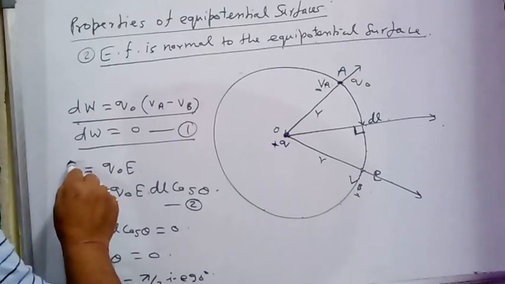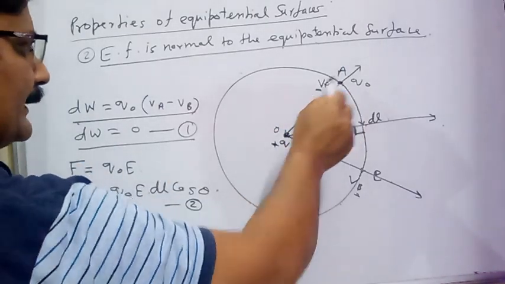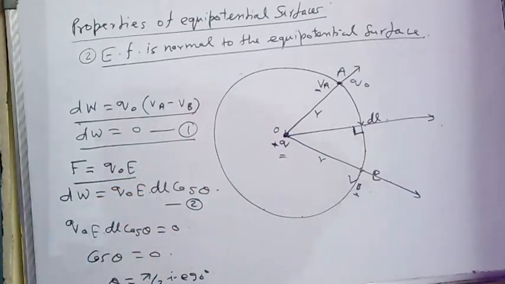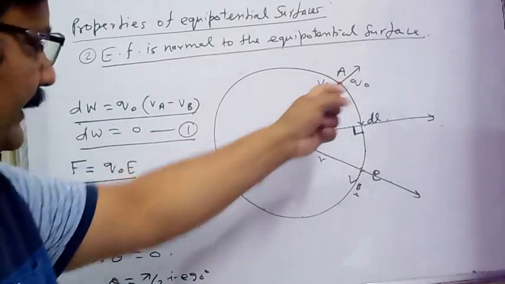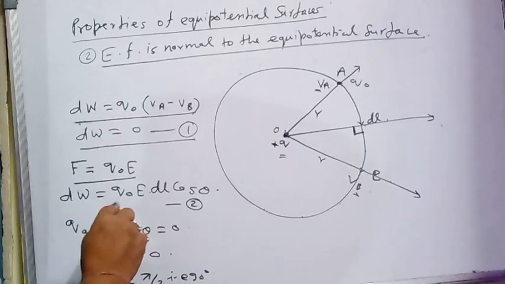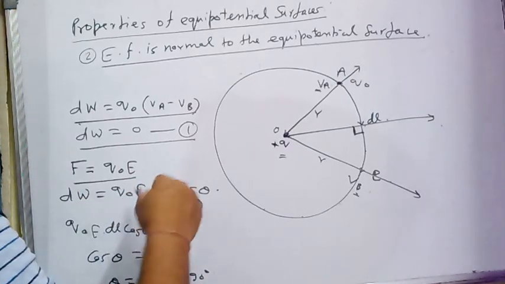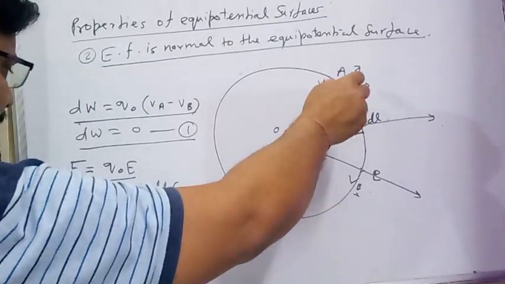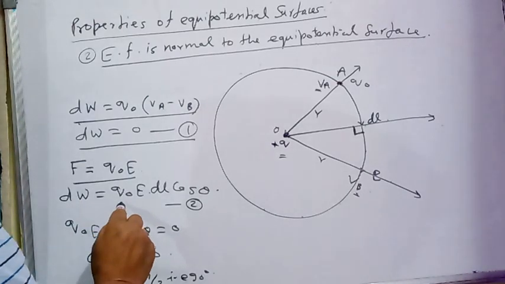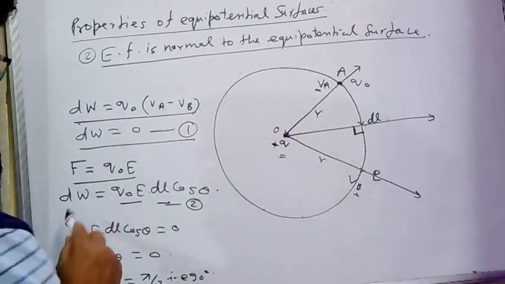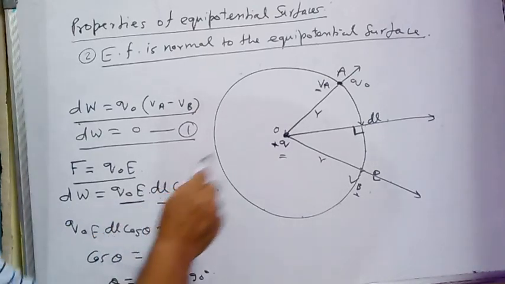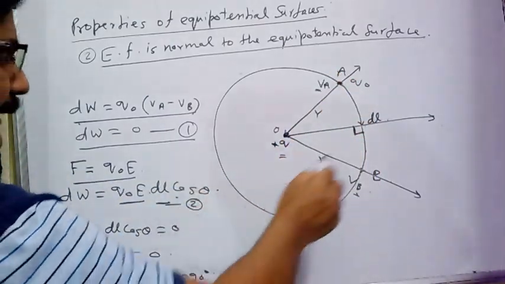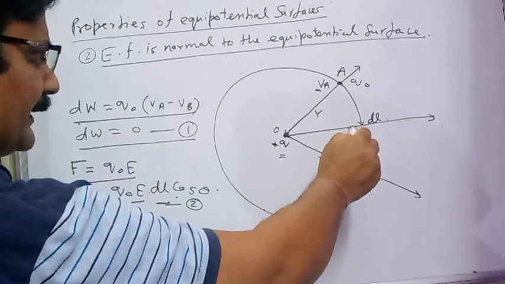Now suppose the force experienced by the test charge at point A, in the presence of this positive charge Q, is F equal to charge multiplied by the electric field. Suppose the electric field at the position A is E. Now if work is to be done by this electric field, as the electric field is the force experienced by a unit test charge at point A, the work done calculated in terms of force and displacement is dW equals Q naught E, that is force, multiplied by the path of displacement dl cos theta, where theta is the angle between the path of displacement and the direction of the force.